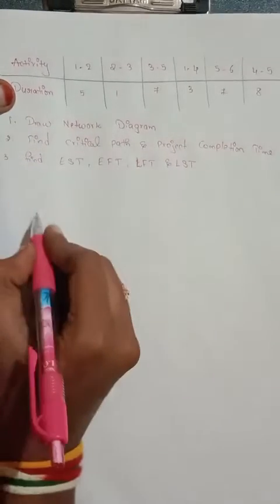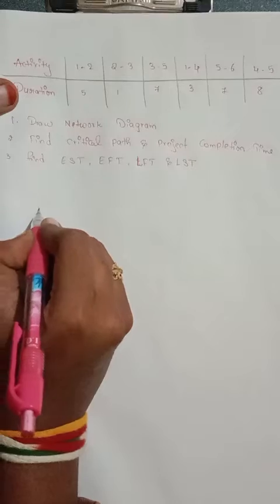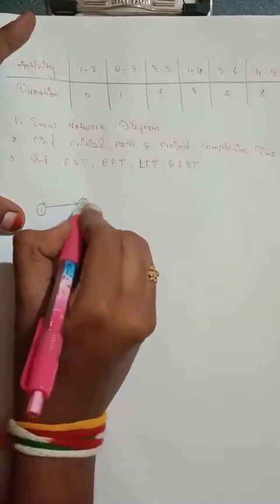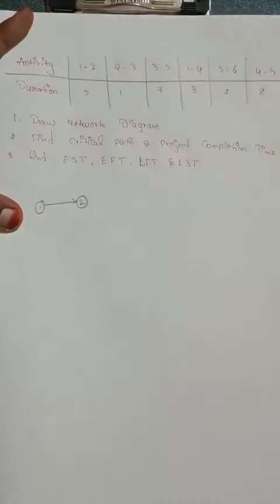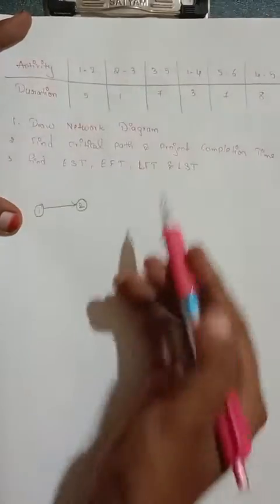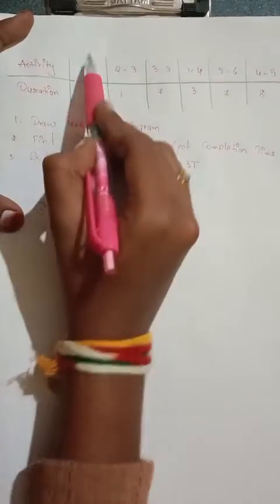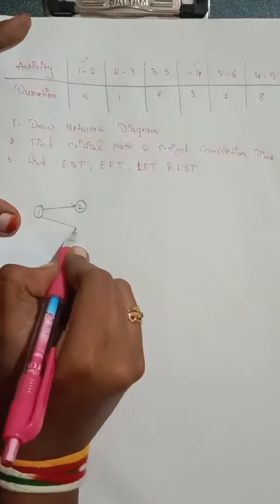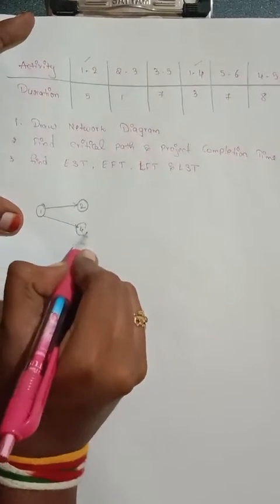Now the first thing is 1 to 2. Before moving to 2, check whether the first node has any alternate node. For 1 to 2, 1 is there, and from 1 another node has started, so 1 to 4, guys.